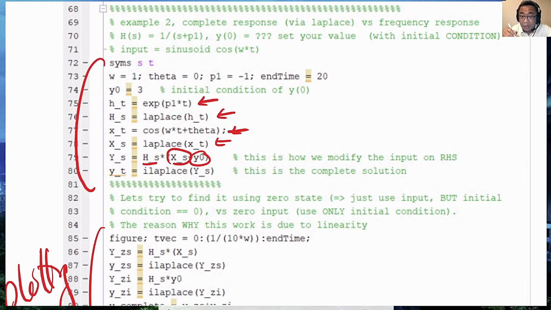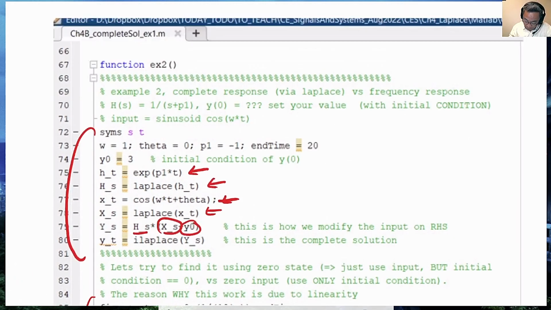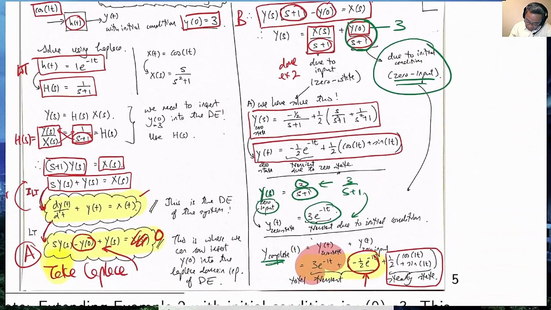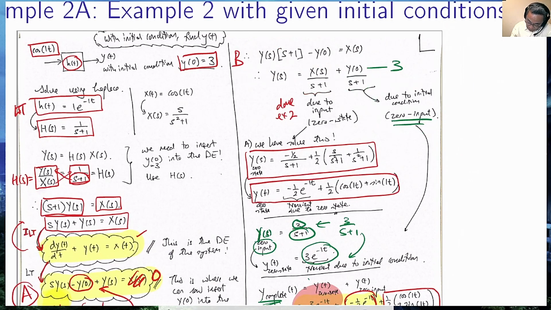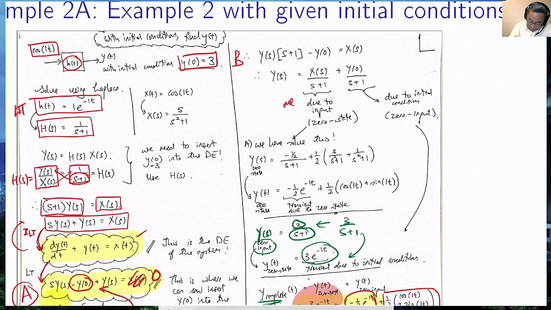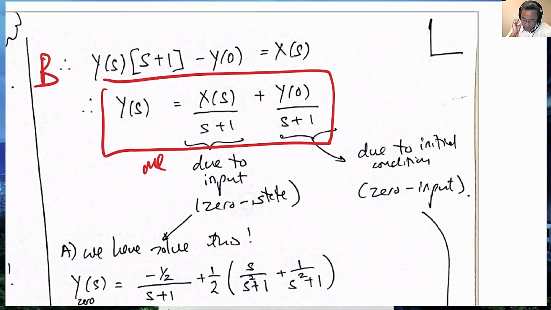I add the initial condition here because I know the equations in the Laplace domain as in here. So this is the equation that I have inserted into my MATLAB. Okay, it is X of s over s plus 1, plus y0 over s plus 1.